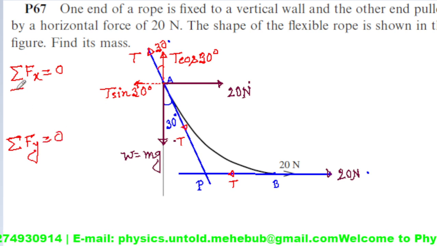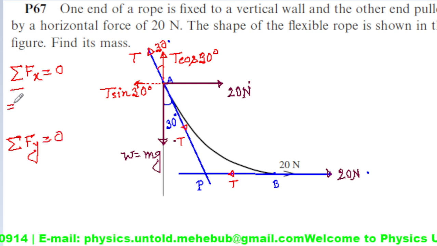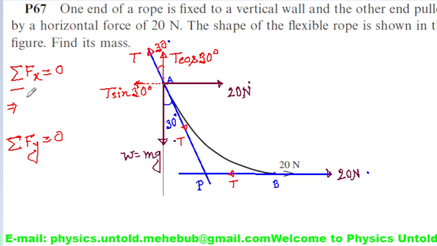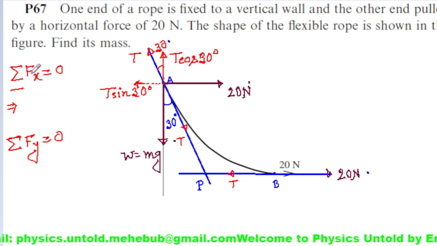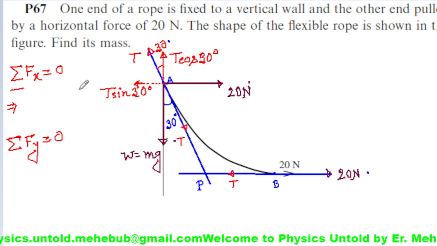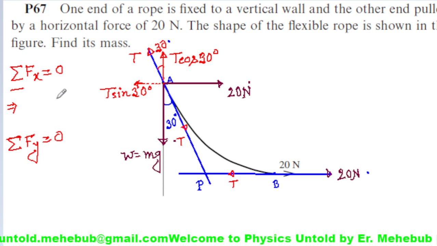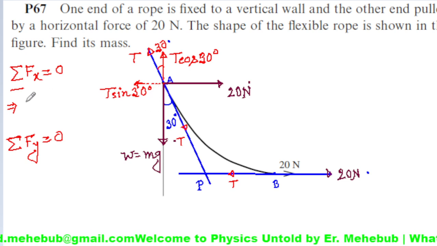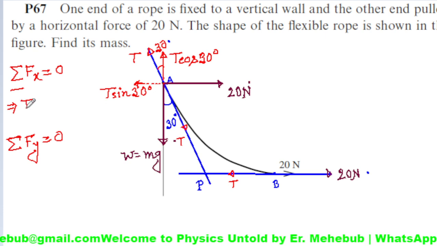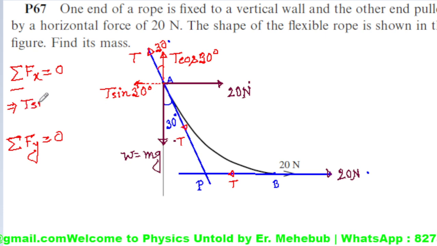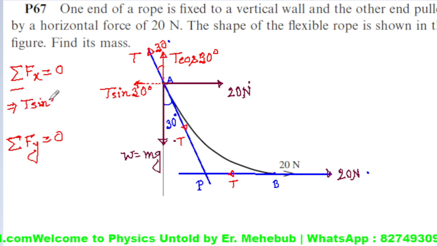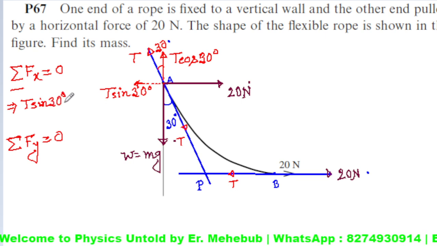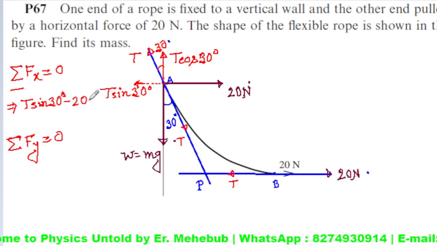From summation of Fx equal to 0, the x component of our forces gives T sin 30 degrees minus 20 equal to 0.